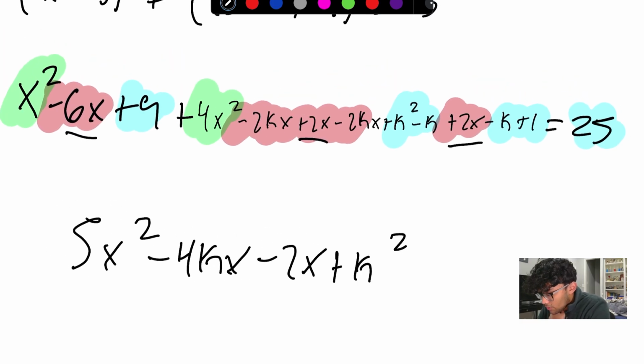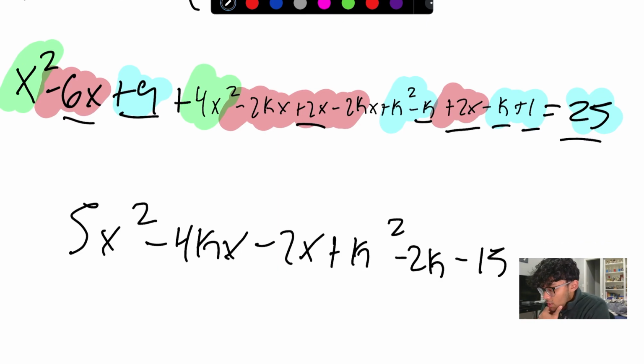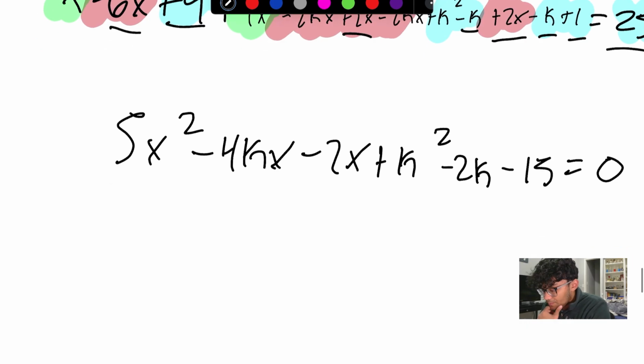And for our constants, we have k squared, negative k and negative k, so negative 2k. We have 9 plus 1 minus 25, so that's negative 15 is equal to 0.